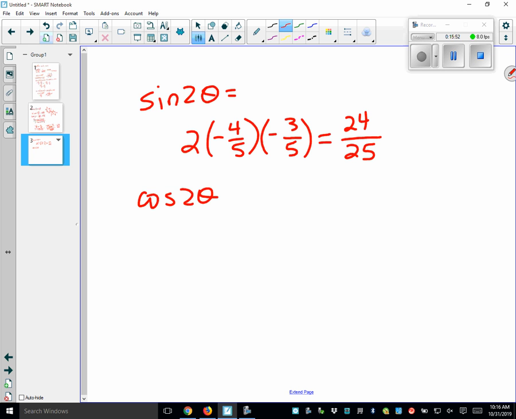Cosine squared minus sine squared. What's cosine of theta? So I have negative 3/5 squared minus, what's sine of theta? Negative 4/5 squared. What does that equal? Negative 7 over 25? That's what I got.